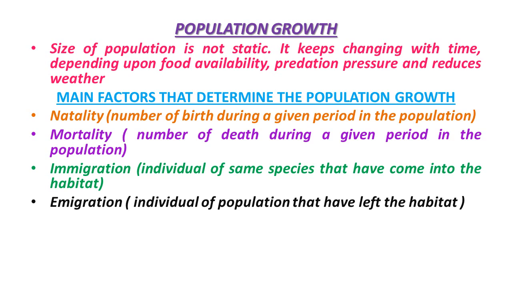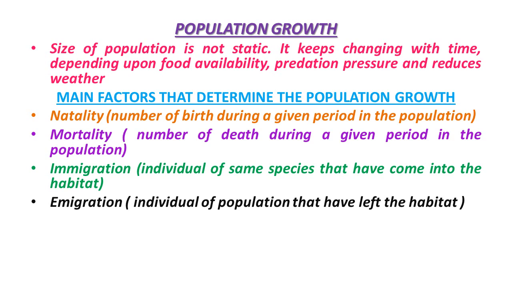The density of a population in a given habitat during a given period fluctuates due to changes in four basic processes.